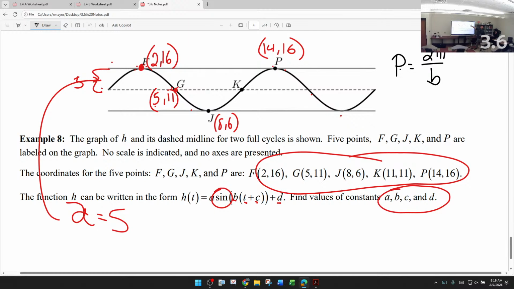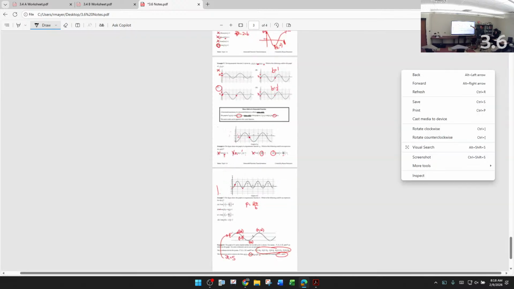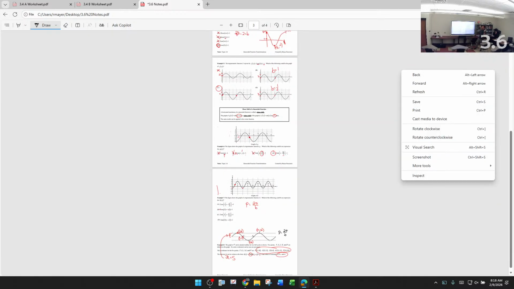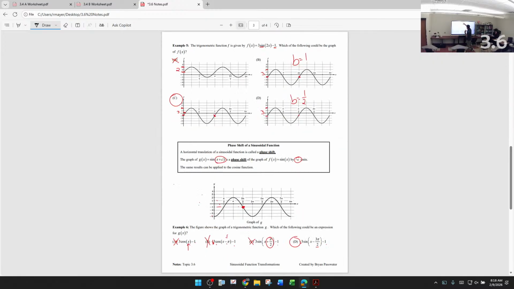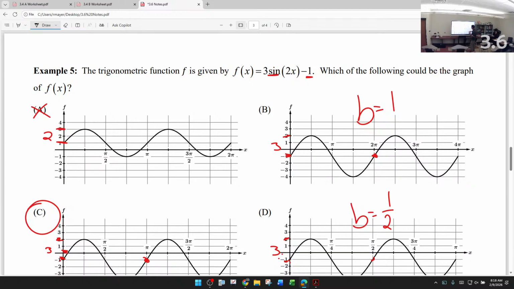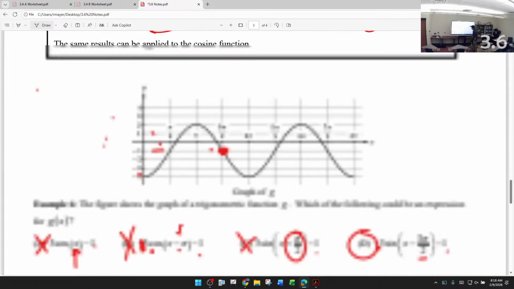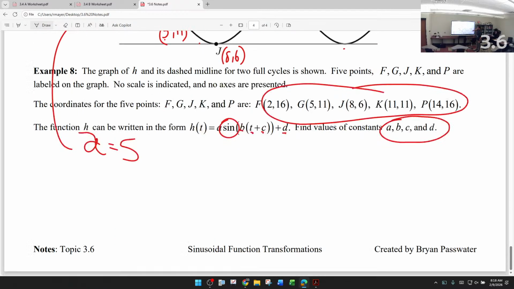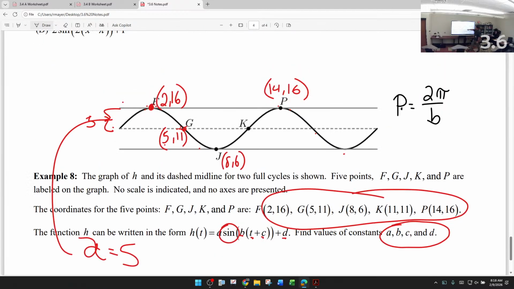The period is what? The period is 12, not 7, to get from 2 to 14.